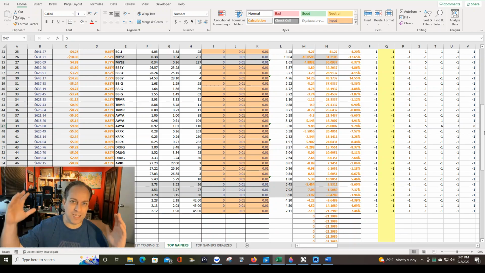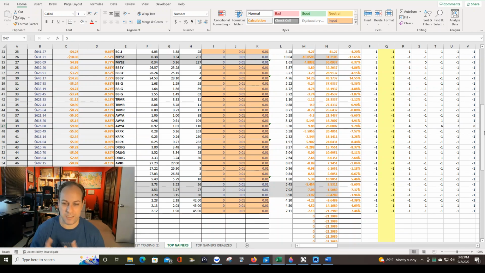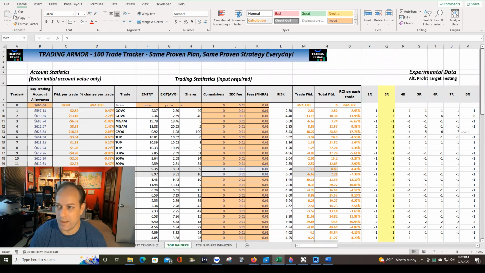By the time I'm done testing that plan, I've gotten so good at it that the chances of me making an error are much less. Here you see I made 3 errors out of 23 trading days. Once I'm done with this, I'll probably make 1 or 2 trading errors in 100 trading days. And that does make a difference. We're going to look at that as we look at the data.